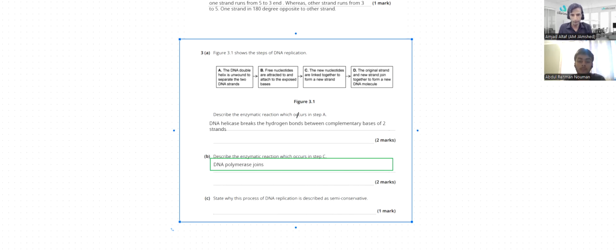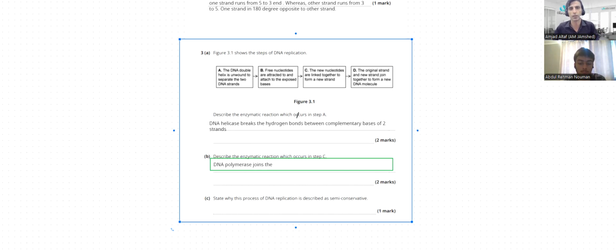Describe the enzymatic reaction which occurs in step C. DNA polymerase joins. I think I'm confused. It forms the phosphodiester bonds between adjacent nucleotides.